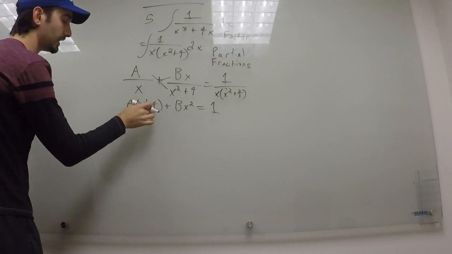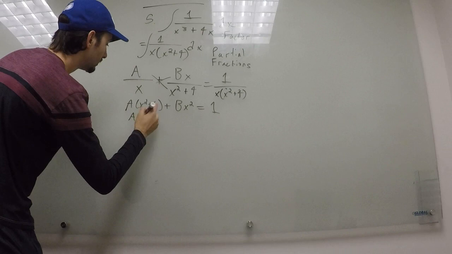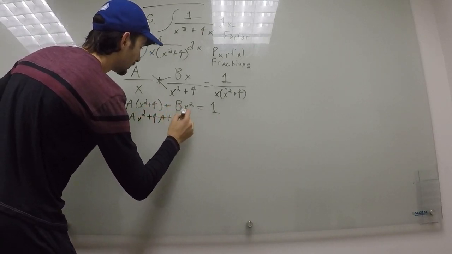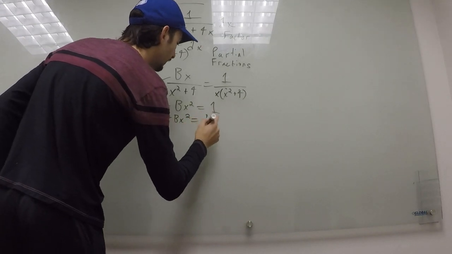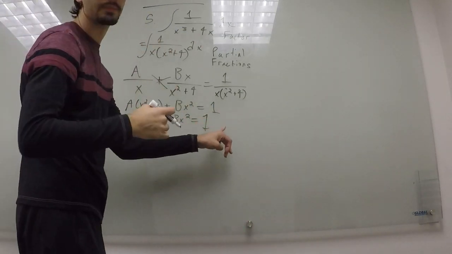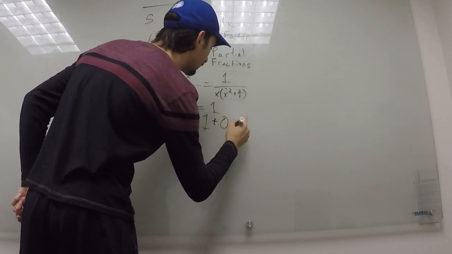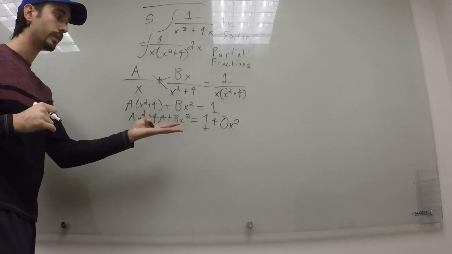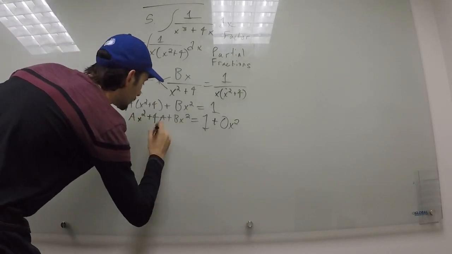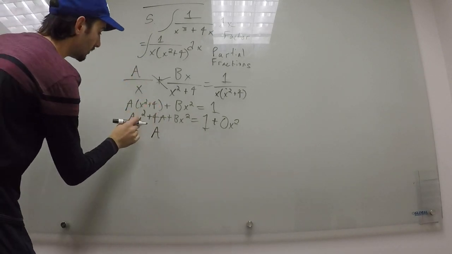If we distribute, we get ax squared plus 4a plus bx squared equals 1. The problem is that we don't have an x squared on this side to compare to, so we just put 0x squared because there isn't one there. That solves that problem.